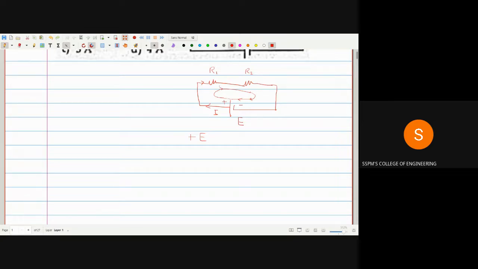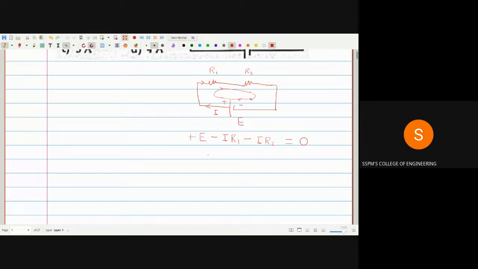Now look at the path direction and current direction. The current direction and path direction are same. So if both directions are same, then you give negative sign, and the product of current and R1 is the voltage drop across R1. Then you come at R2, it will be I into R2, and according to the statement of the KVL, the sum of the potential and product of current and resistance is equal to 0.